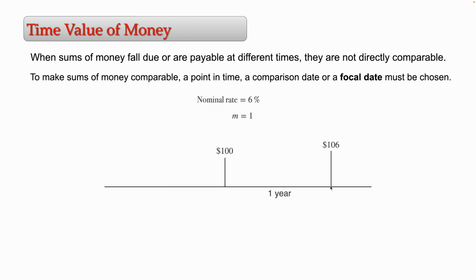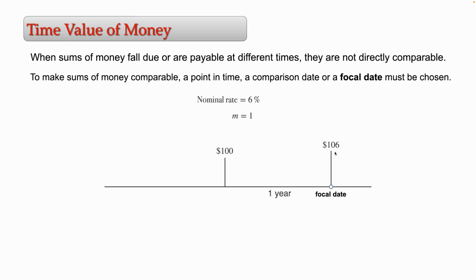For example, we can choose the moment when the 106 happened as a focal date. So if we use this point as a focal date, then for computing the value of the 106, we need to take into account the time between the moment in which this 106 is due and that focal date. But if you see this, there is no time between them.